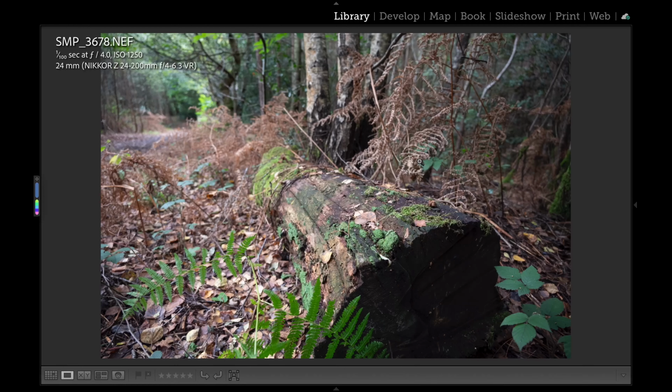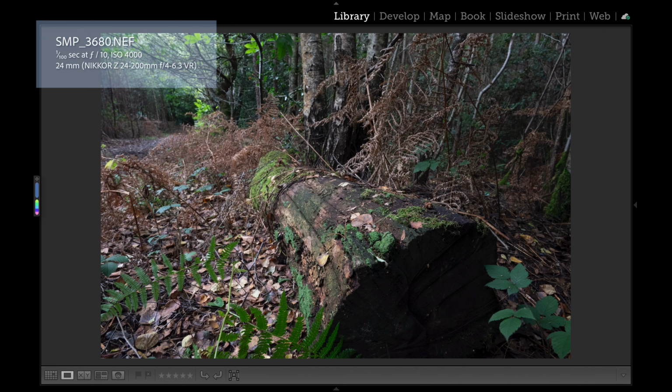What I did was adjust the ISO to keep them roughly the same exposure. So you can see this one at f4 and the ISO was 1250, and then this one at f10, which is ISO 4000. So quite a big difference.